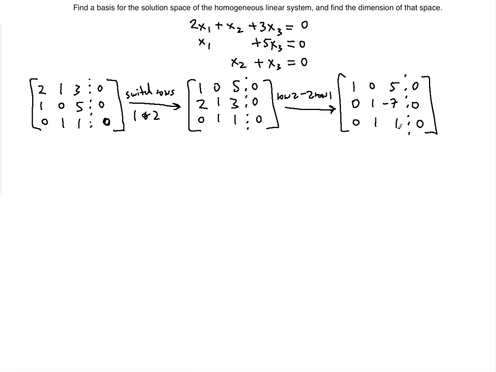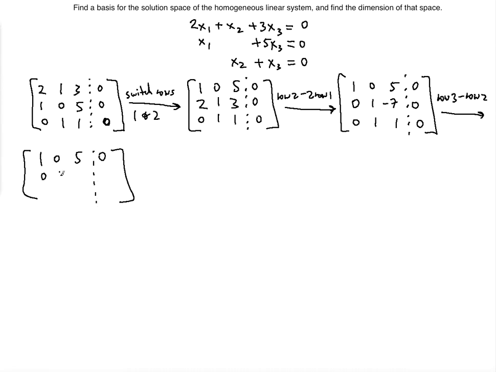Now the leading one for the second row is this one, so we need the entry below it to be 0. So row 3 minus row 2 should eliminate that one. As a result we have 1, 0, 5, 0 untouched.